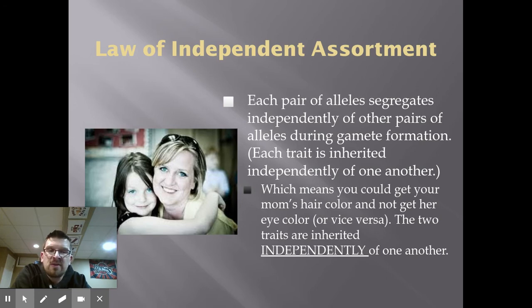So which hair color goes with which eye color, or which length of your big toe trait, these are all things that are going to segregate.